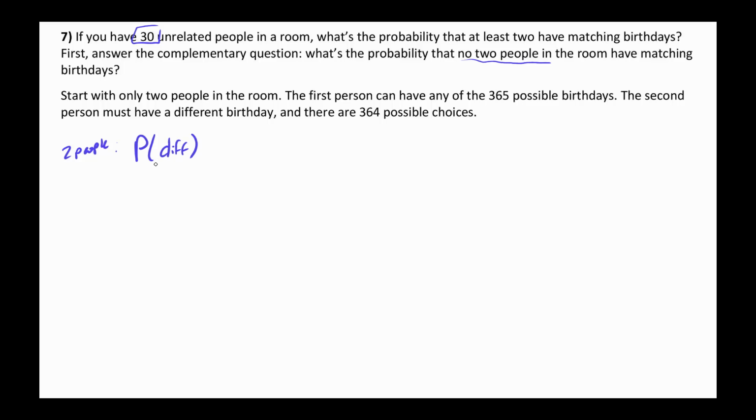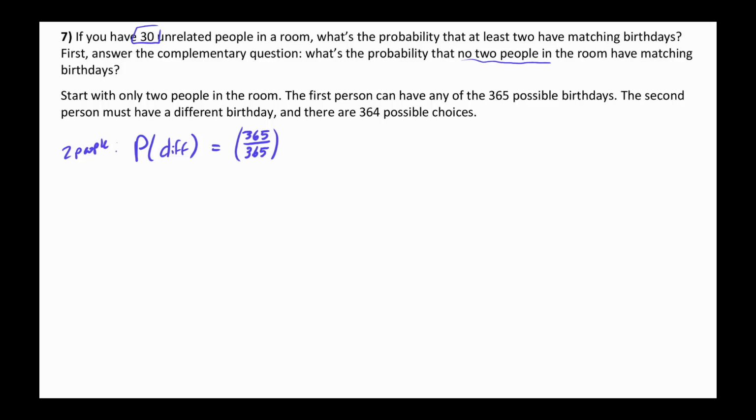So if you think about the first person that you would maybe ask, they would have a total of 365 days to choose from. So they're unrestricted. They can choose any day they want. They can be born on any day. There's no restriction. 365 out of 365.